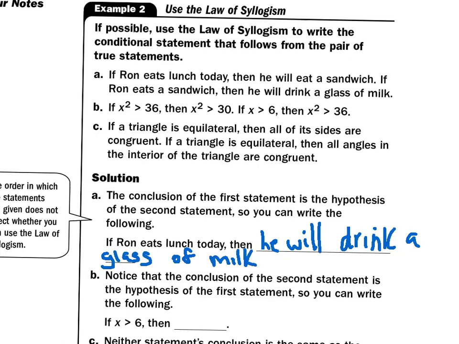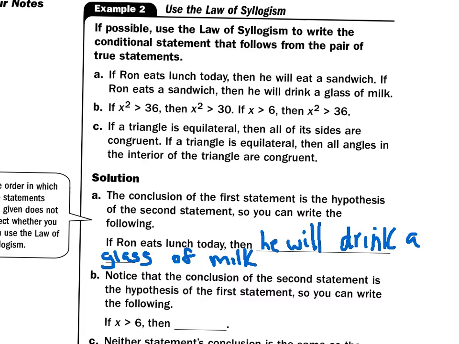Okay, next one. If x squared is greater than 36, then x squared is greater than 30. And the second statement is if x is greater than 6, then x squared is greater than 36. These are both true statements. We can notice that the conclusion of the second statement is the hypothesis of the first statement.